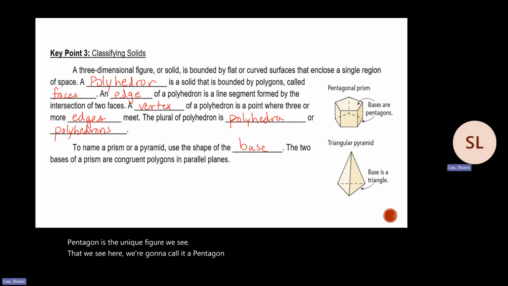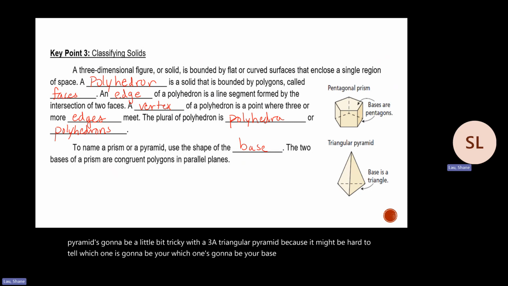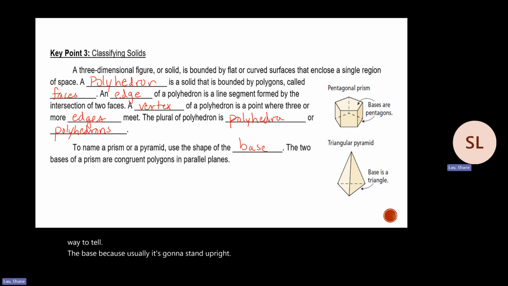Now, as far as the pyramid down here, a pyramid's going to be a little bit tricky with a triangular pyramid because it might be hard to tell which one is going to be your base. However, there's usually a way to tell the base because usually it's going to stand upright and not be on its side.